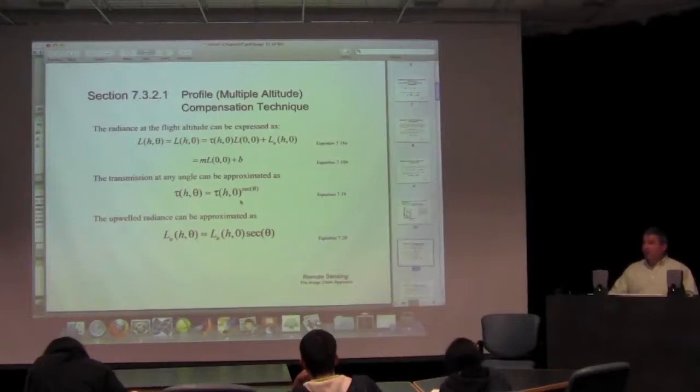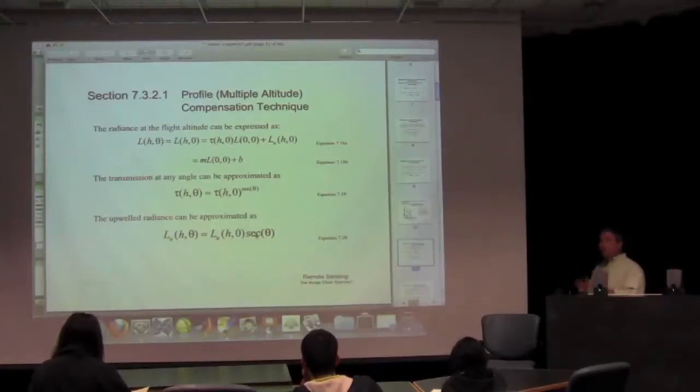But we have approximations for that. If we go back to the previous section, or last quarter's radiometry, you know that the transmission changes as a function of the angle. So you trace the secant theta. And the path radiance, or any radiance at an angle off nadir, is going to change, divided by cosine, or multiply by secant theta. So those should be some approximations.